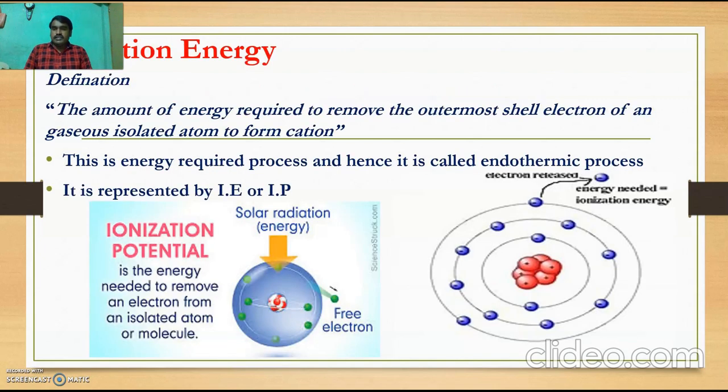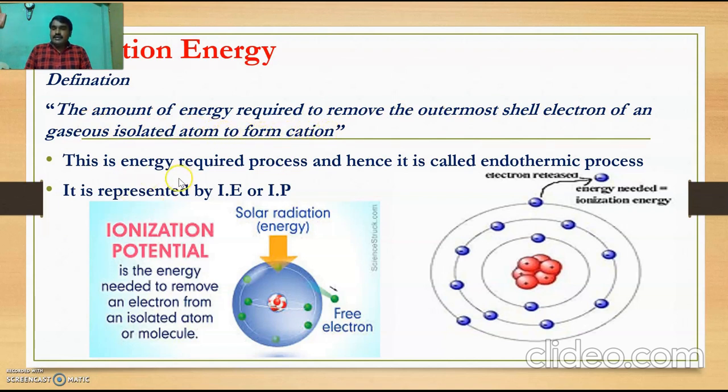So firstly we see the definition of ionization energy. The ionization energy is the amount of energy required to remove the outermost or valence shell electron of a gaseous isolated atom to form a cation.